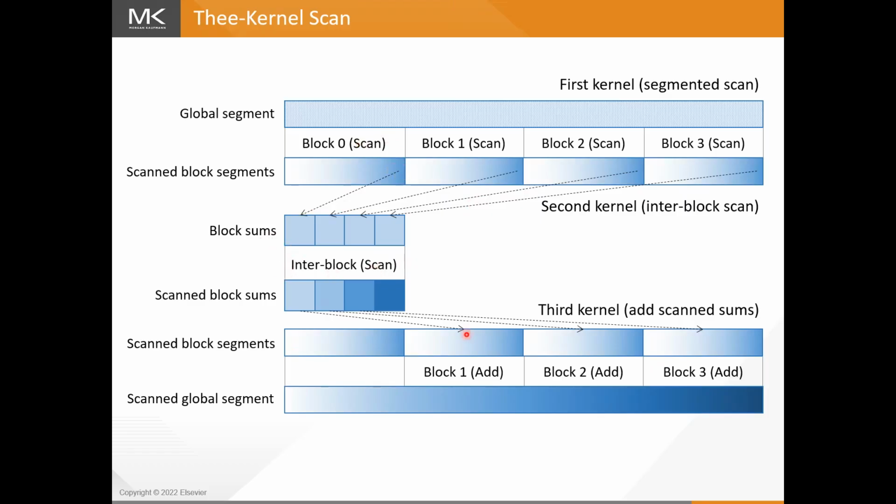And then we're going to launch a third kernel that is going to do the additions. Is this clear? Are you sure it's clear? It's the same thing we did at the warp level, but we're doing it at the block level. We have a kernel that scans the block segments, a kernel that scans the sums of the blocks, and then a kernel that does the additions.